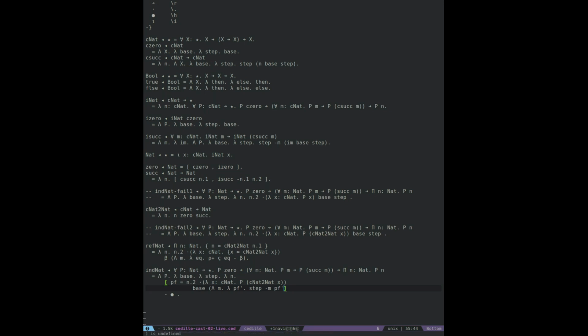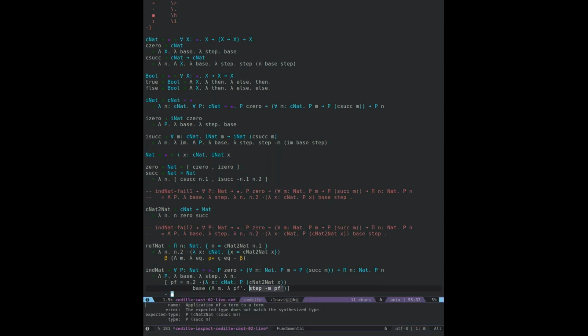Sorry, I'm missing a parenthesis here. Right, so this is still not quite right. I gave step a CNAT, but of course step requires a nat, so I'll just say CNAT 2nat m.